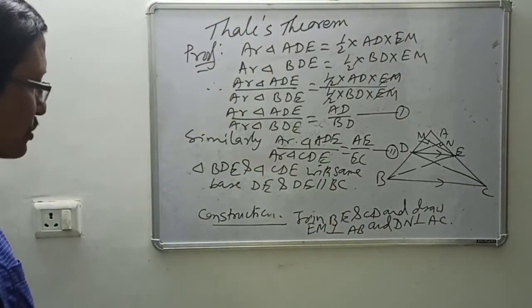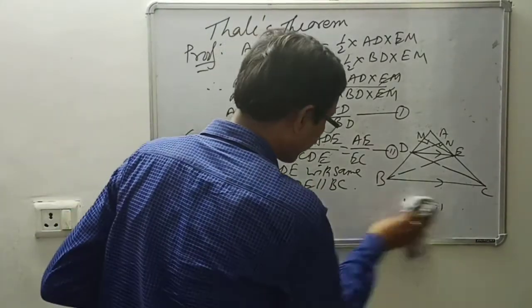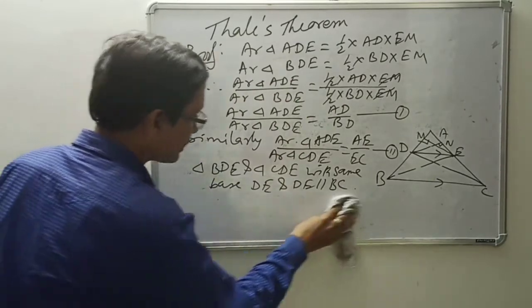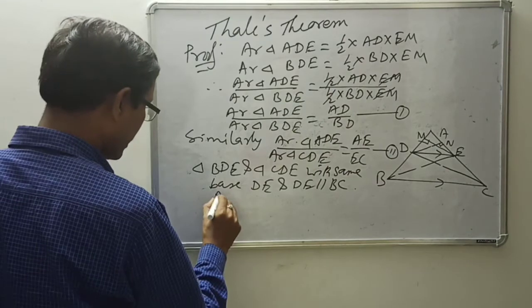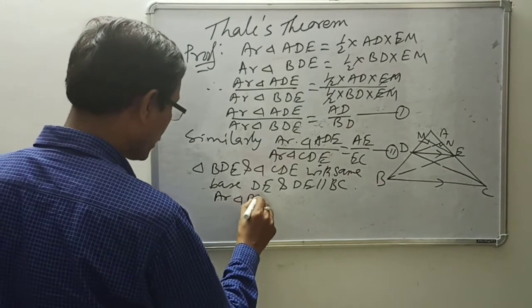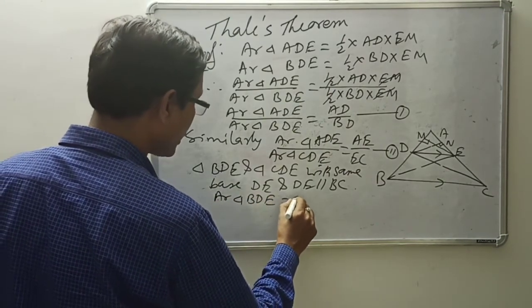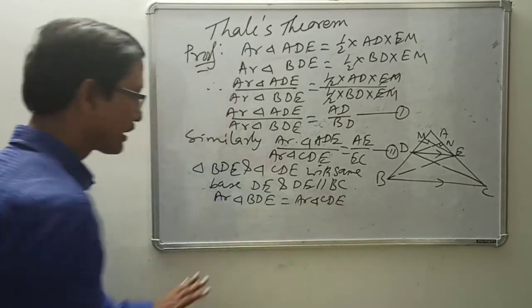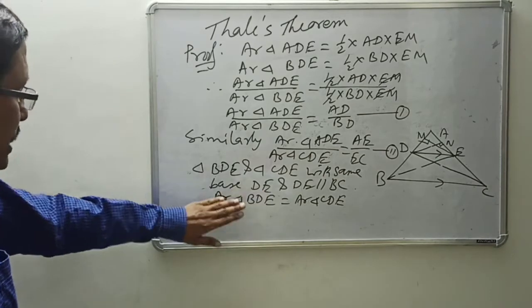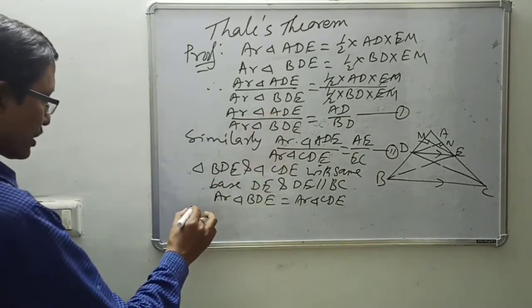Therefore we can write these two areas to be equal, that means area of the triangle BDE is equal to the area of triangle CDE. That we proved, so the denominators also become equal.